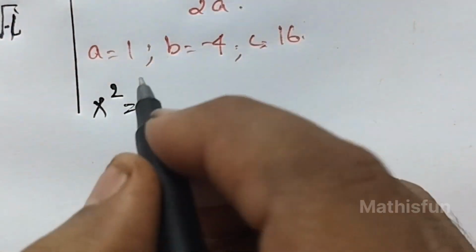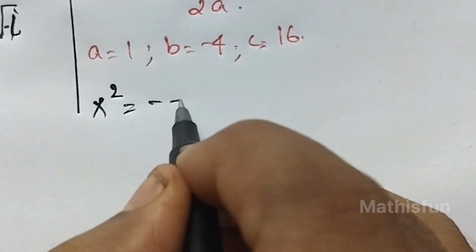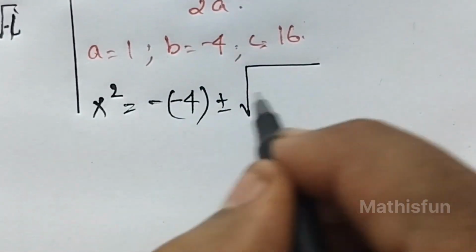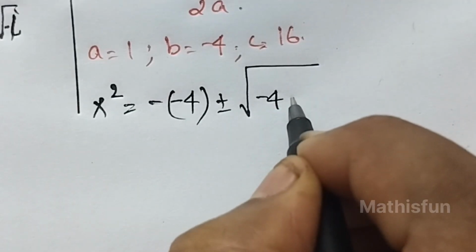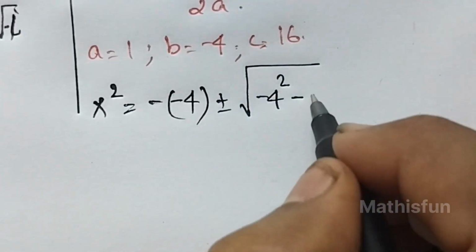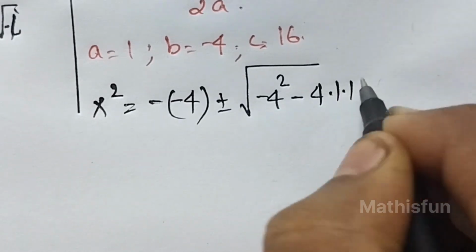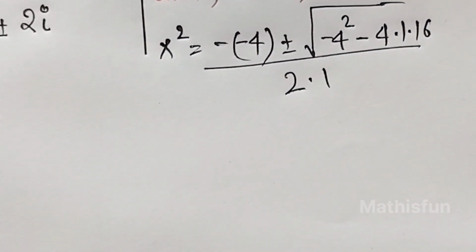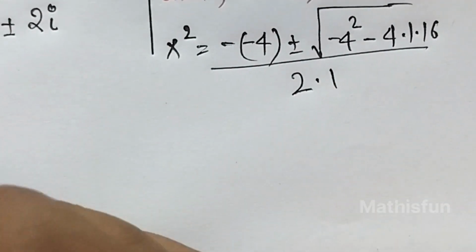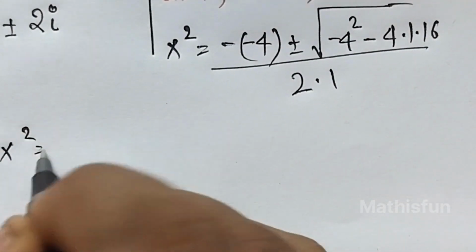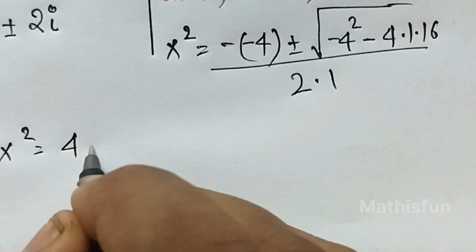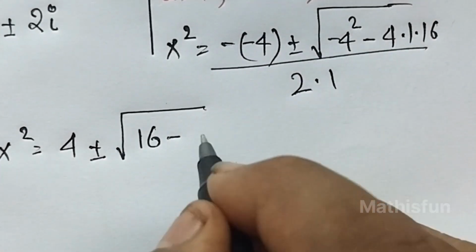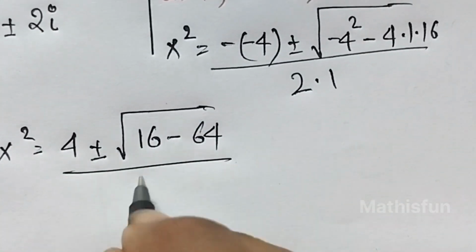So we have to find x square, as minus b is minus (minus 4), plus minus under root (minus 4) square minus 4 into 1 into 16, upon 2 into 1. So x square is equal to 4 plus minus under root 16 minus 64 upon 2.